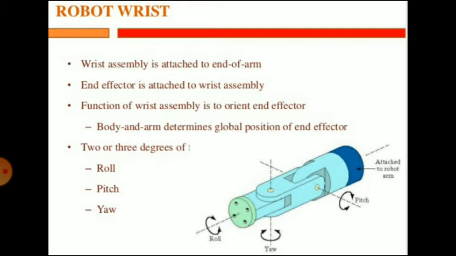The 2 or 3 degrees of freedom of the wrist are roll, pitch and yaw. You can see there is a roll in the diagram, then pitch and the yaw. These are the 3 degrees of freedom, or movements, of the wrist.